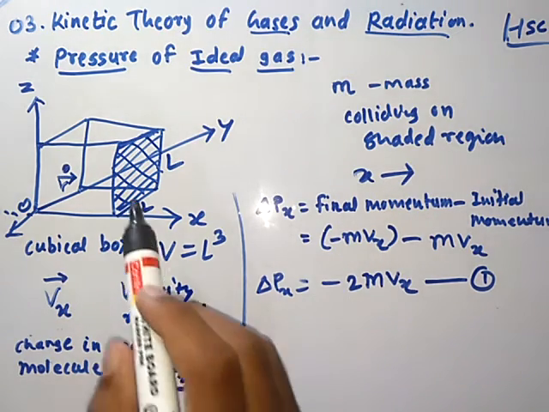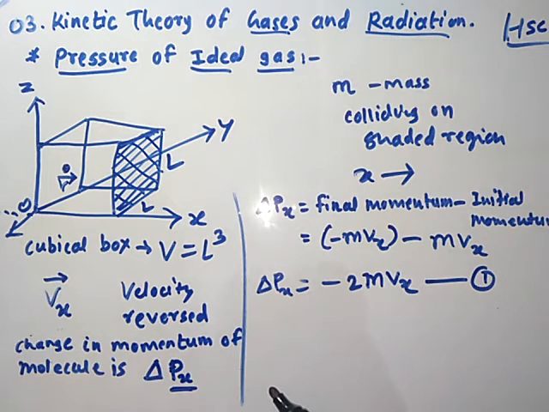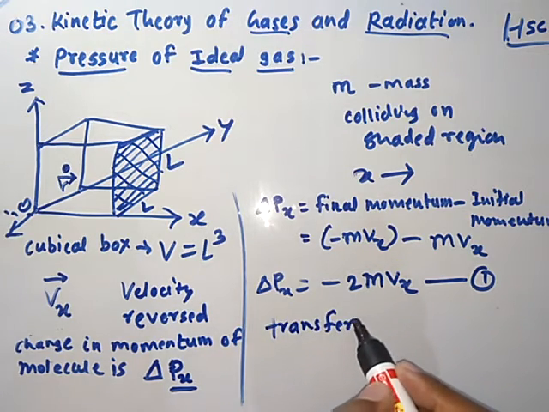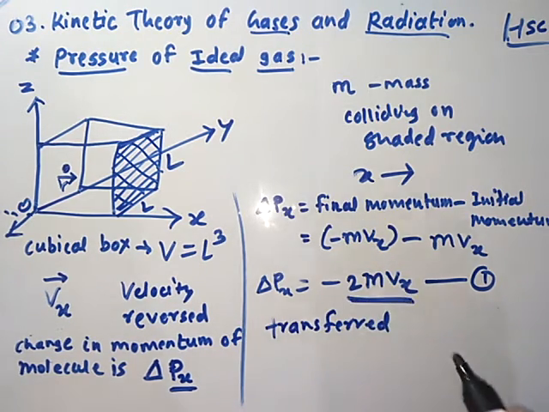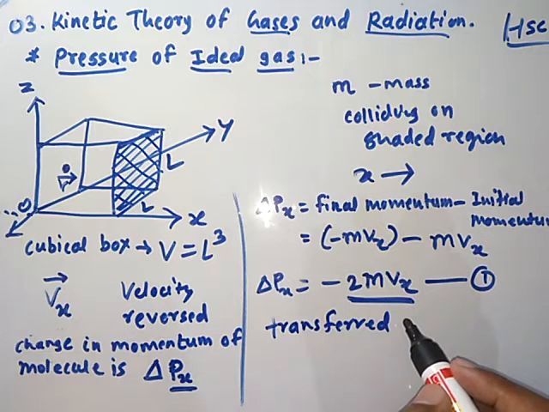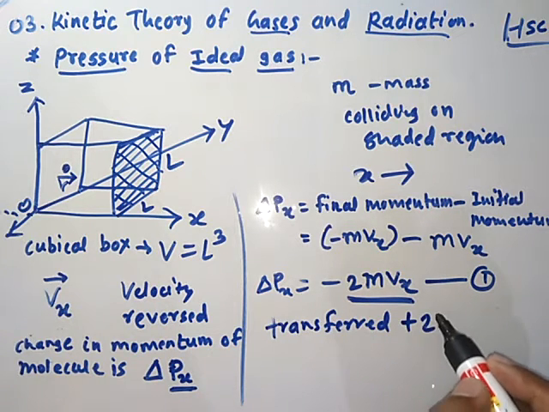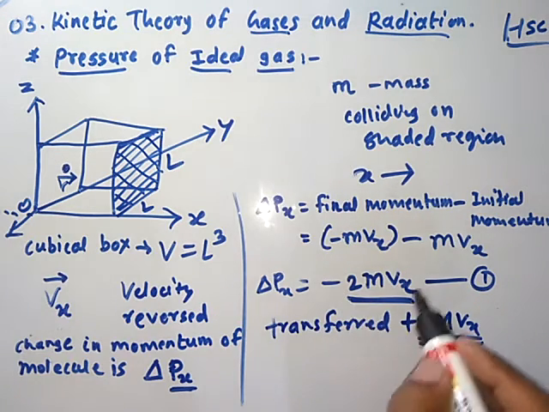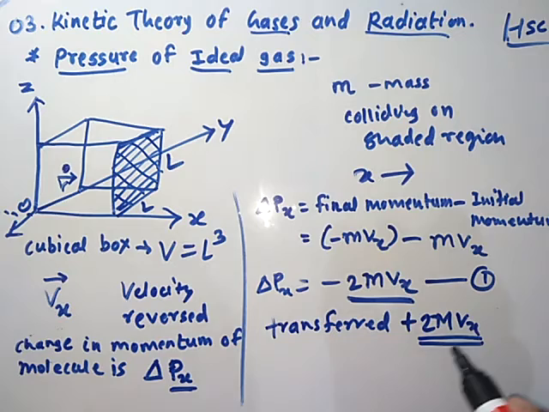But when the particle rebounded back from that shaded wall after collision, it transferred 2 m vx, the same quantity but opposite, to the shaded wall.